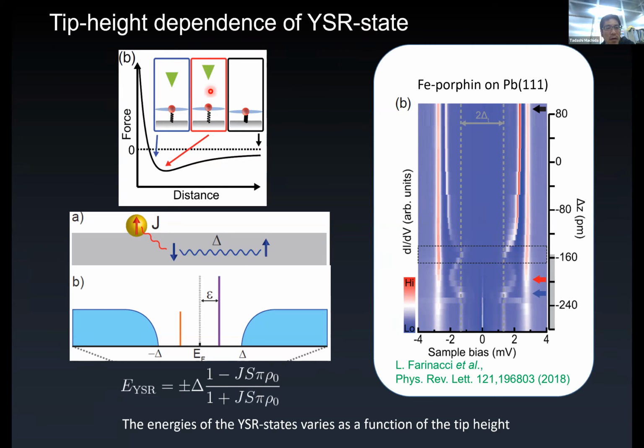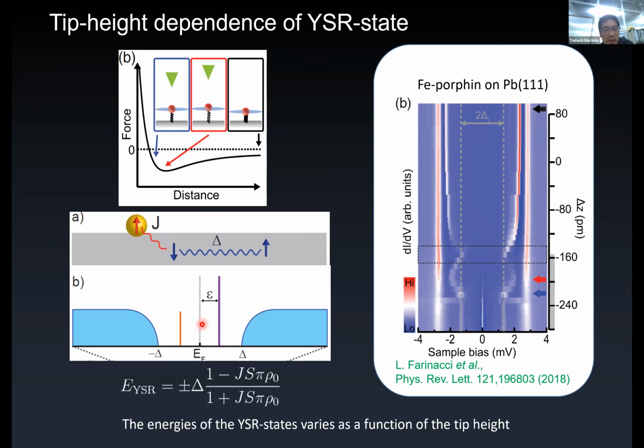So when we approach the tip to the magnetic impurities, the vertical location of these magnetic impurities should change following this Lennard-Jones-like potential. And this change in the vertical location of the magnetic impurities also changes the effective exchange coupling between the magnetic impurities and the electrons of the Cooper pairs.